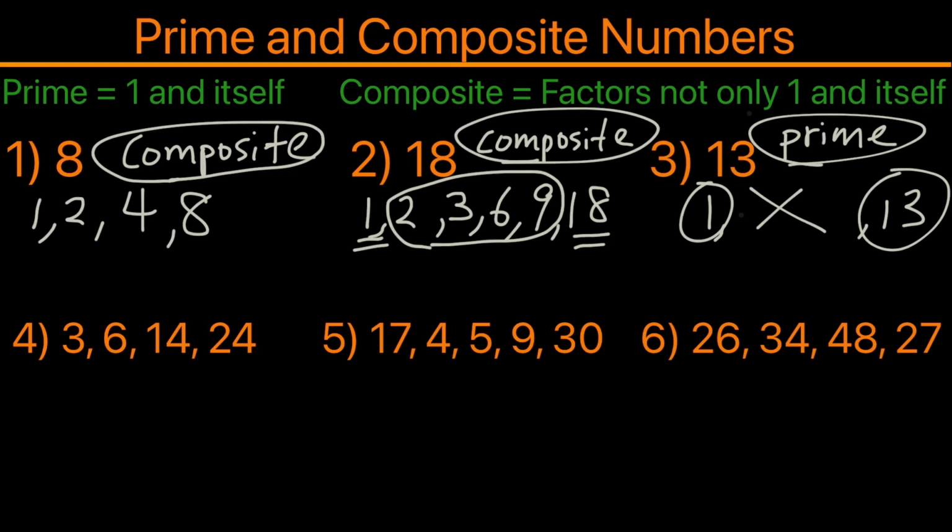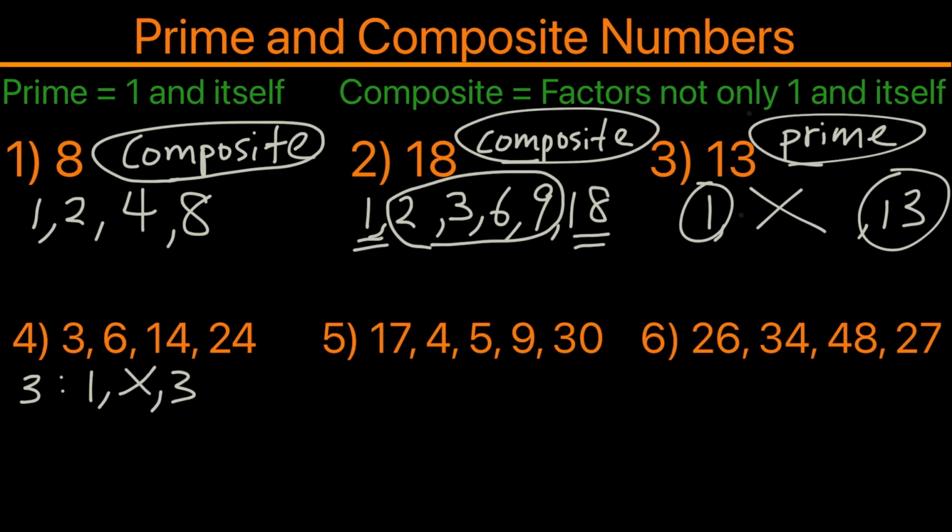Okay, now that we've gone through 3 examples of how to determine whether it's a prime or a composite number, the 4th, 5th, and 6th examples have multiple numbers, and we're going to list whether each is composite as C or prime as P. So for 3, it would be 1, 3, and nothing in between.